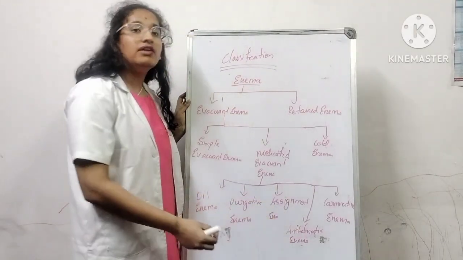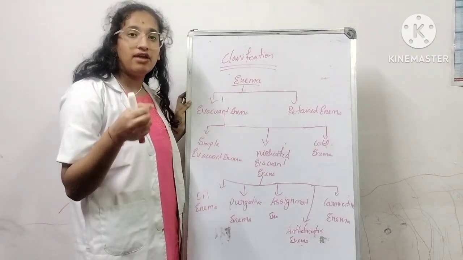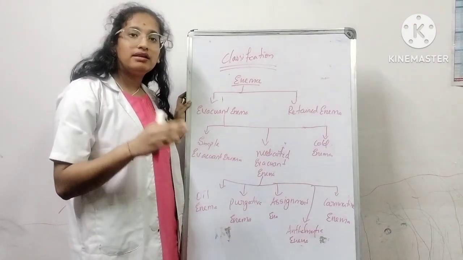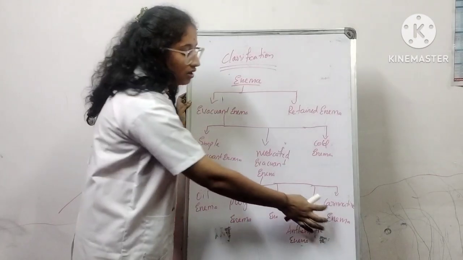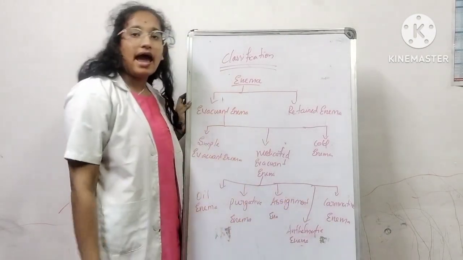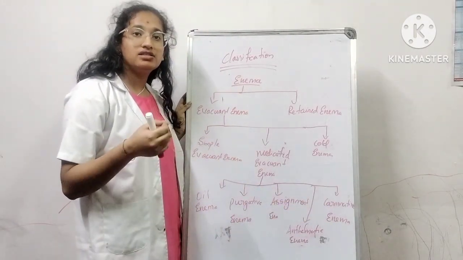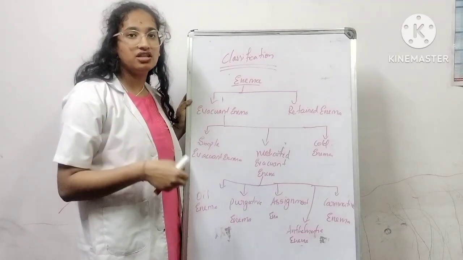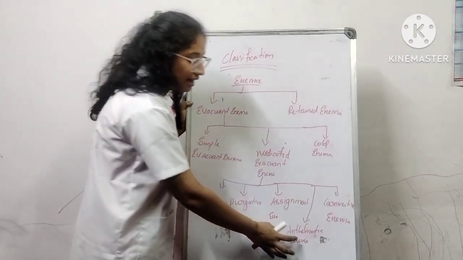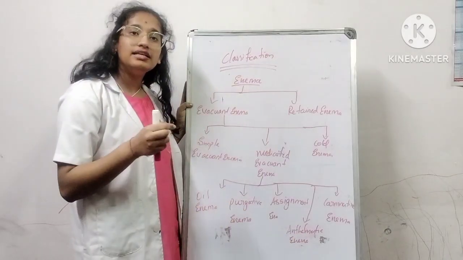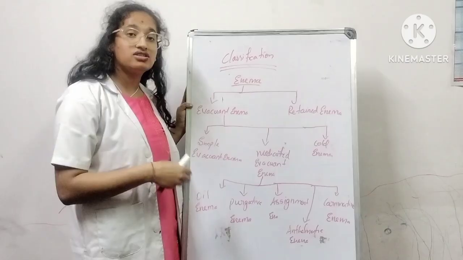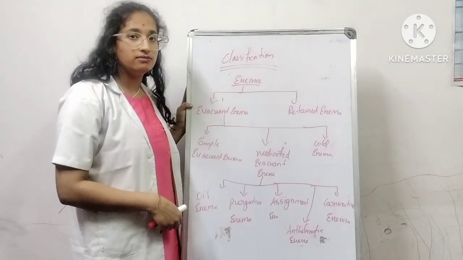Astringent enema is used for infection or inflammation in the colon and gives temporary relief of pain. Carminative enema is administered to relieve gaseous distension in the lower bowel. Anthelmintic enema is administered to destroy the worms in the lower bowel.